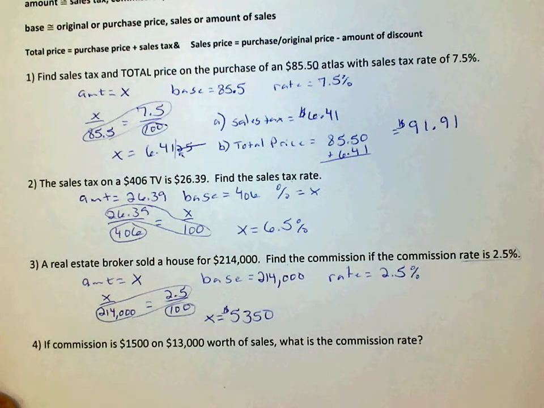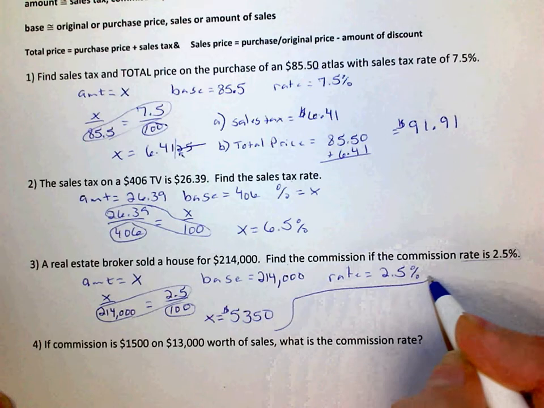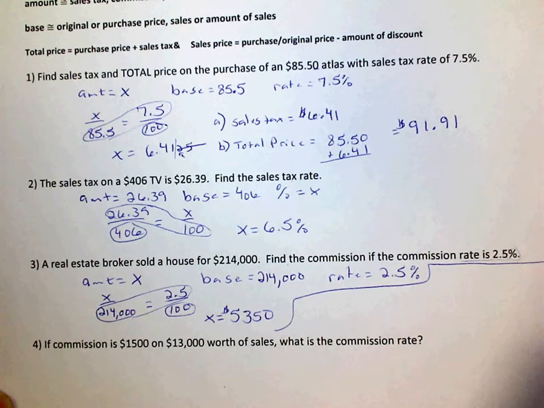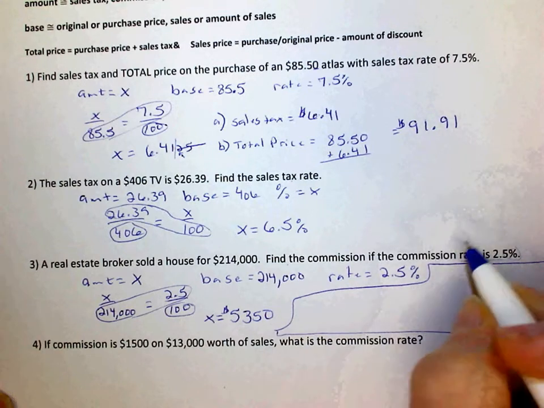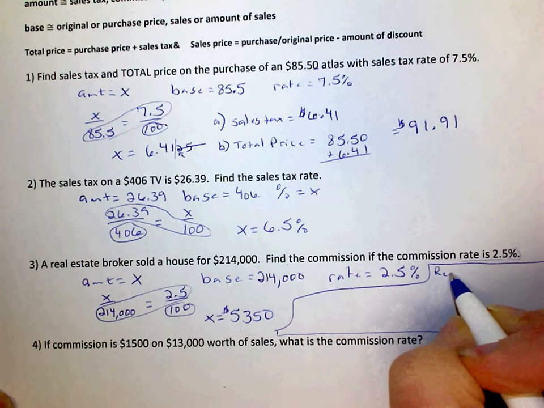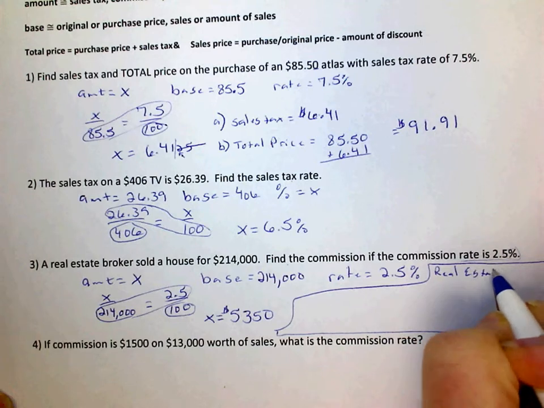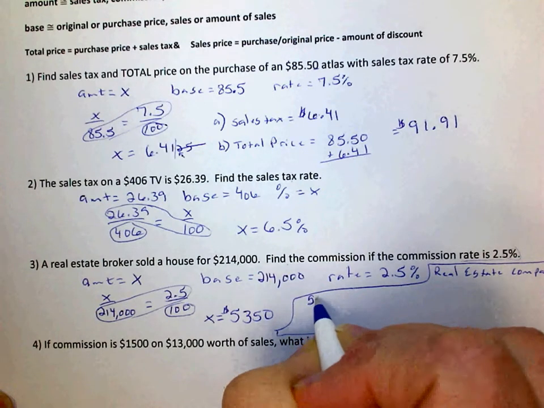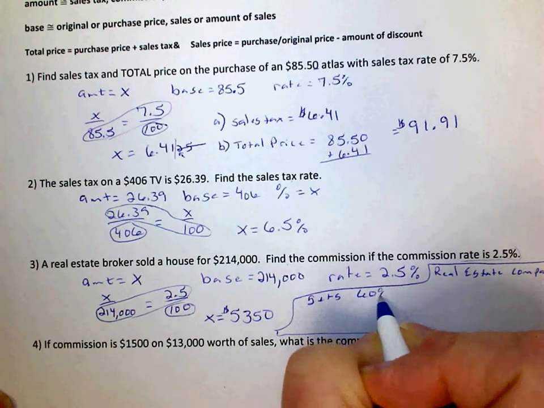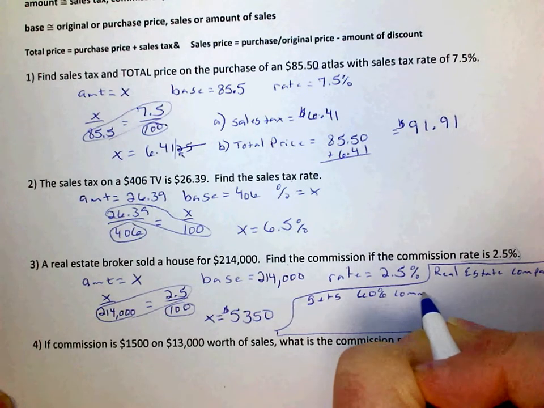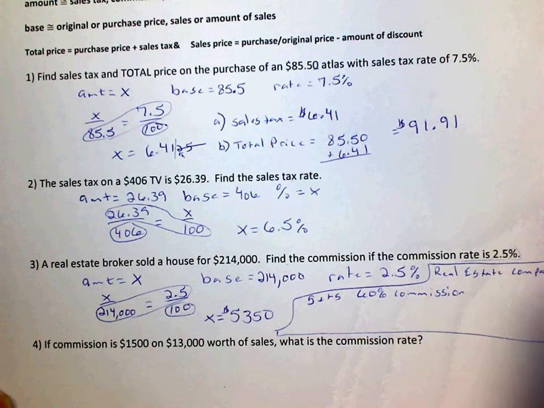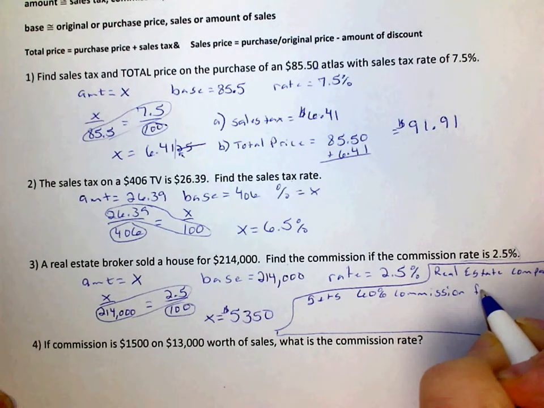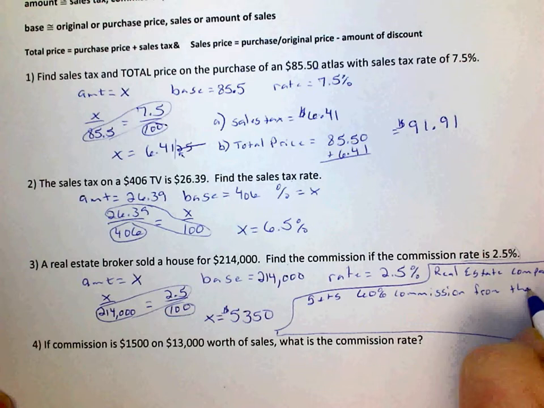Now in my math lab, a lot of times there's this one little problem that goes further than that. It says that the real estate company gets 60% of the commission from this sale. How much is it?